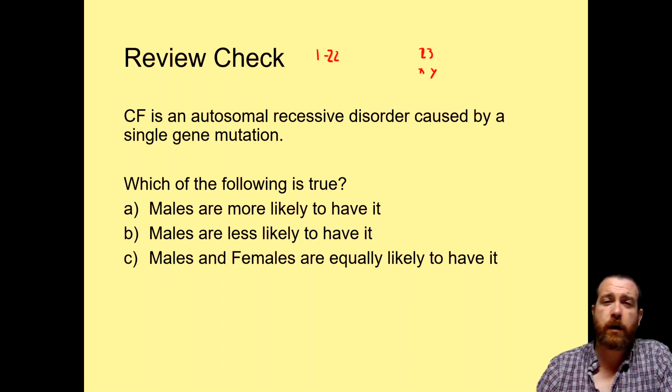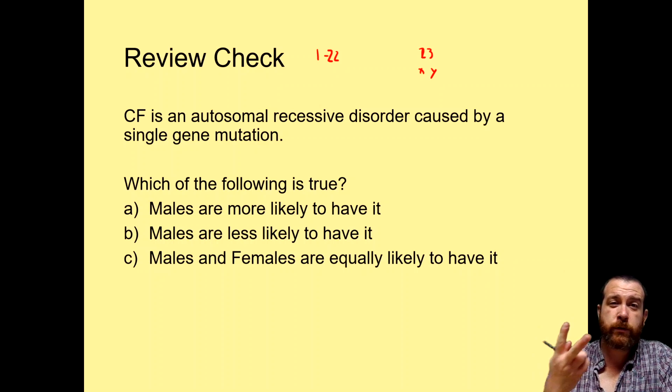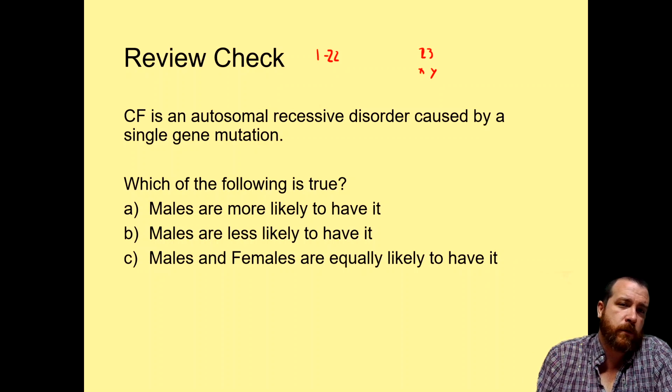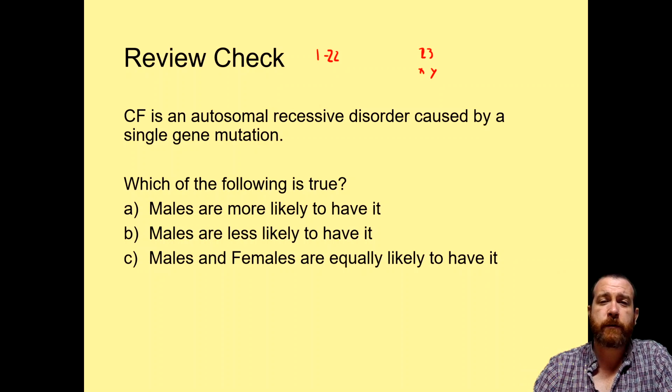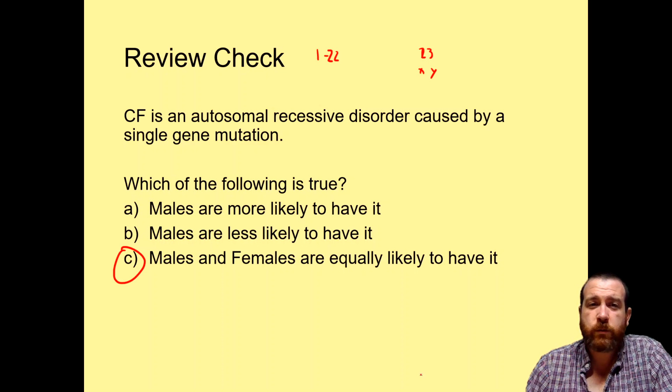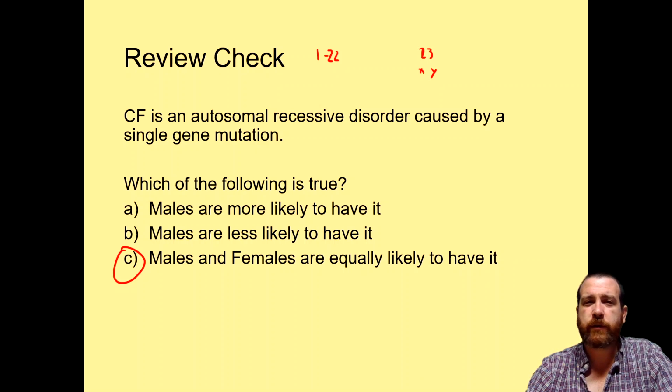If it's an autosomal recessive condition, that also means you have to have two strikes against you to actually have the disorder. You have to have both one from your mom and one from your father that you've inherited, which means that since this doesn't have anything to do with X and Y, males and females are equally likely to have cystic fibrosis. It has no relationship with sex.